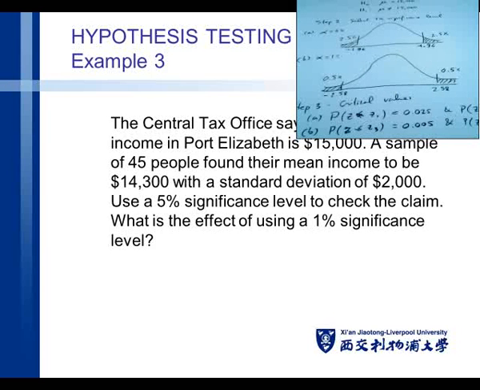Step 4, calculate the test statistic. You know that the sample average has a normal distribution with mean mu and standard error sigma divided by square root of n.